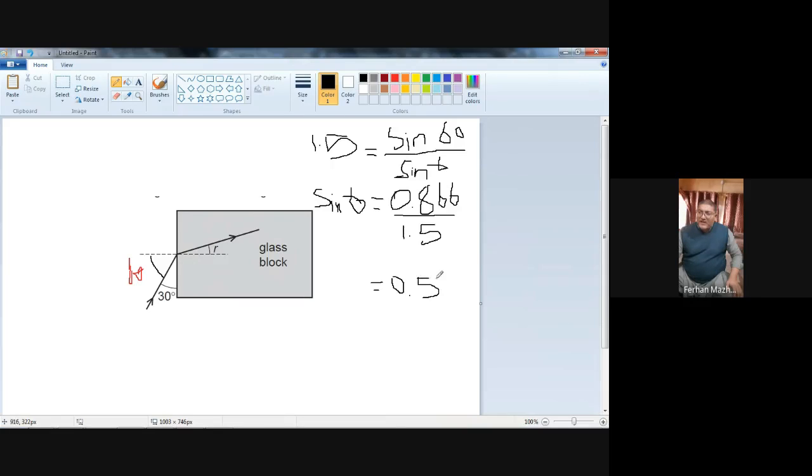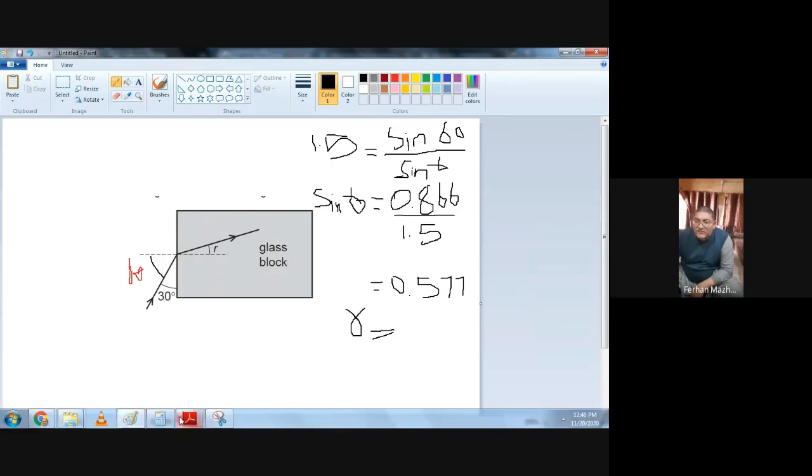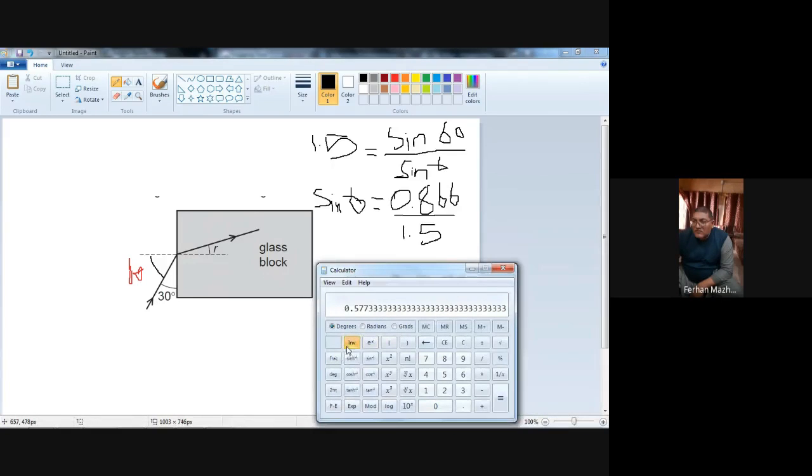When I make this r alone, the sine will go to the other side and it will become sine inverse. So I will take the sine inverse of 0.577.